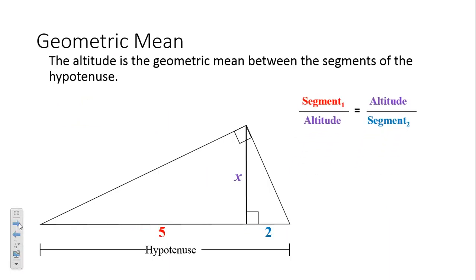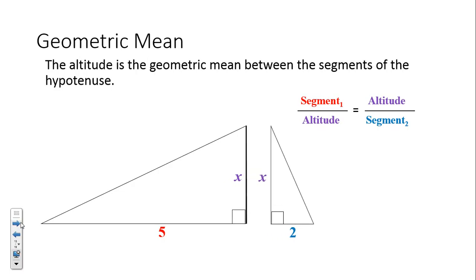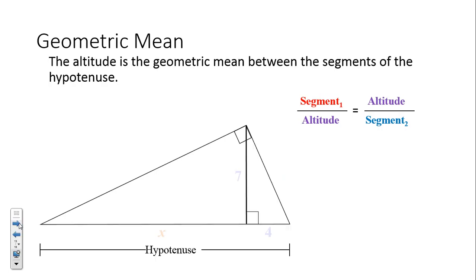Now we have numbers in our drawing. What does X stand for? Which part of the drawing? The altitude. So X is the altitude, right? It's the geometric mean. So that means that we're going to say, oops, let me go back. My fault.